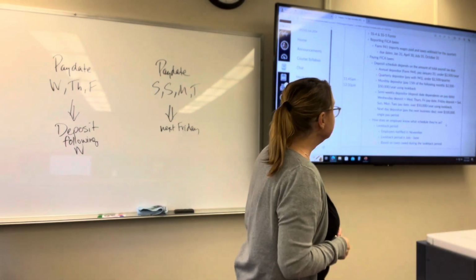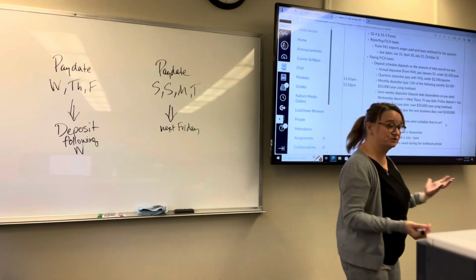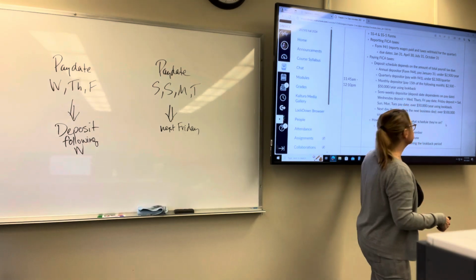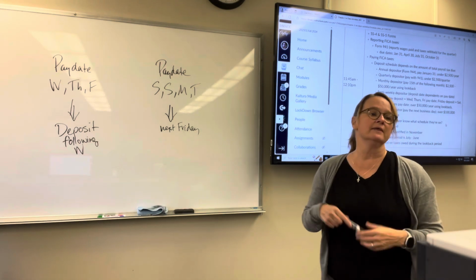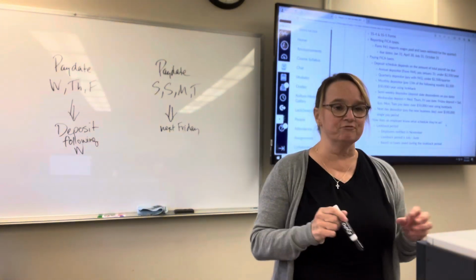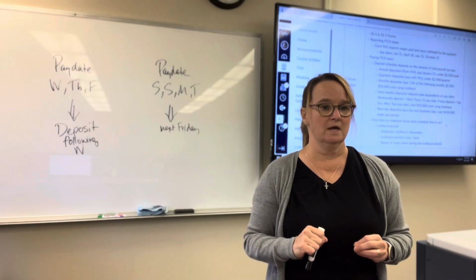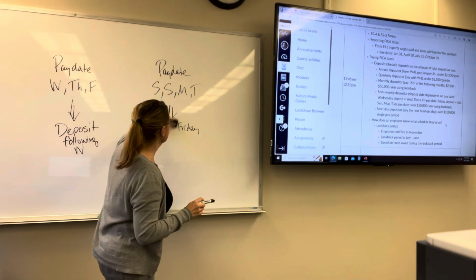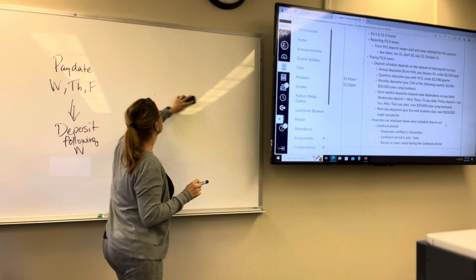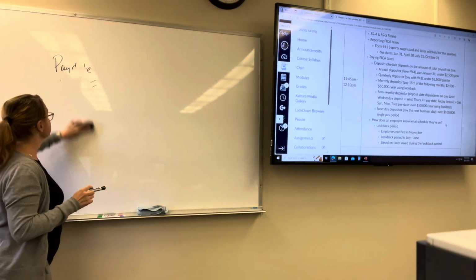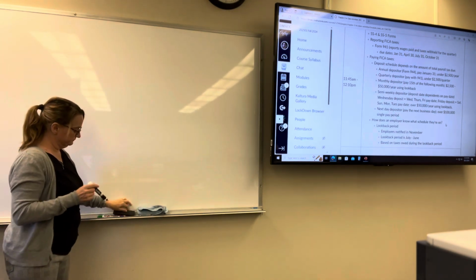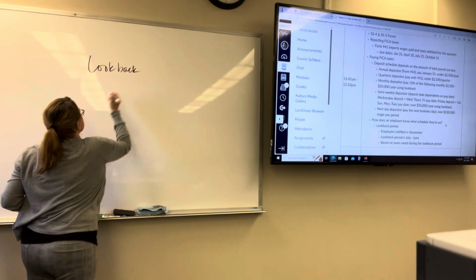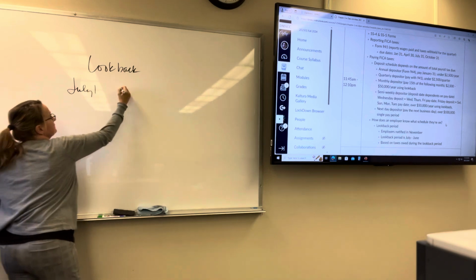So once you have accumulated a history of deposits, the IRS looks back at your deposits, and every year they determine how frequently you're going to make those deposits. That's the look back period. The look back period extends from July 1st to June 30th.